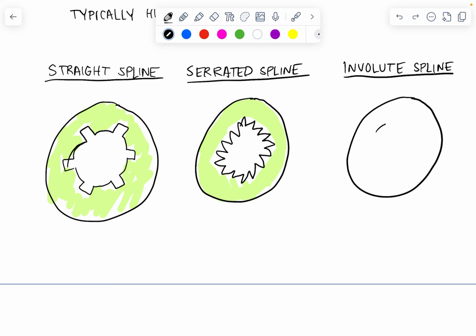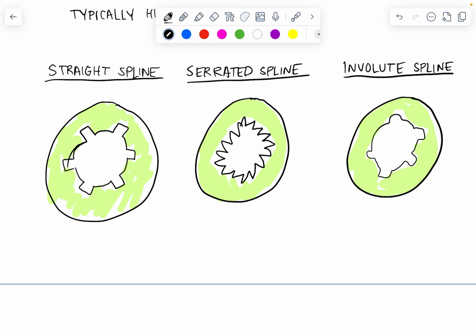I've got to redo that. Okay, I'll live with it. Anyway, it's meant to look just like the straight spline, but with more rounded edges. And that smooth transition between the teeth lowers stress concentration, so this increases the fatigue properties.